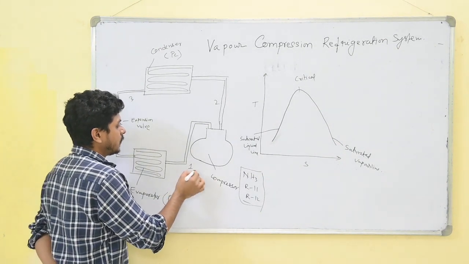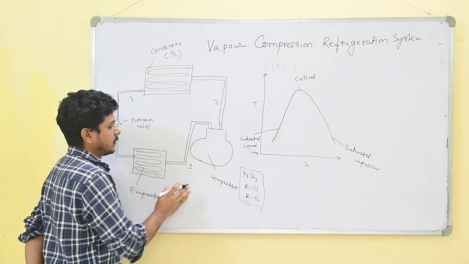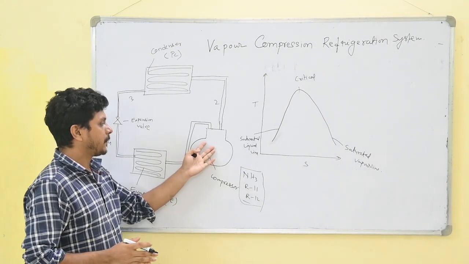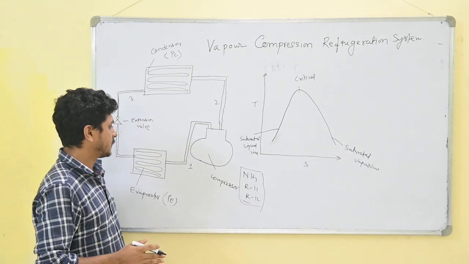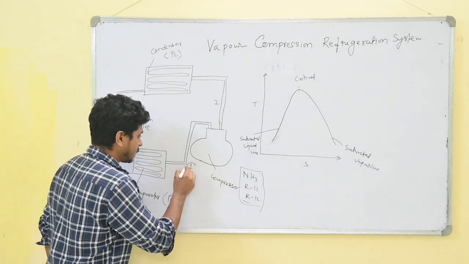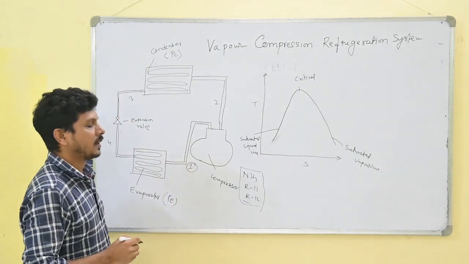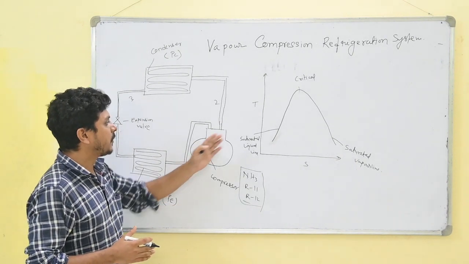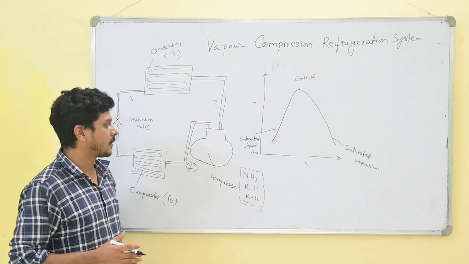After that, we show the process that takes place in the compressor in the TS diagram. Here we see point 1, and we have to understand what point 1 is in the TS diagram.